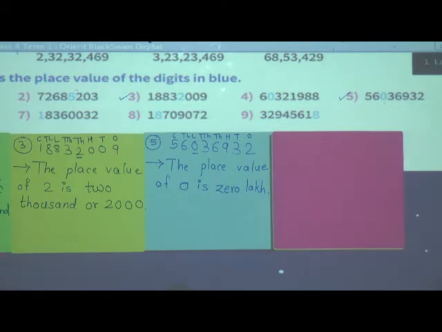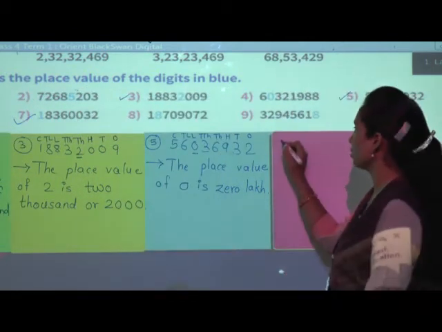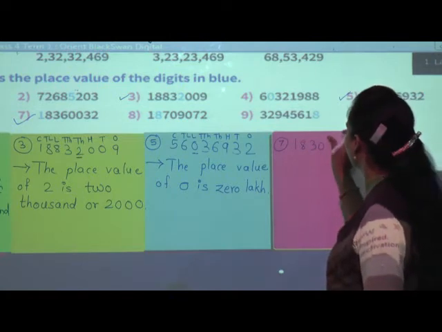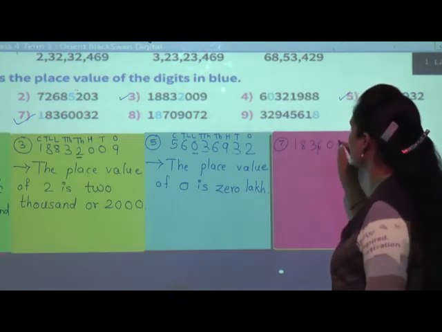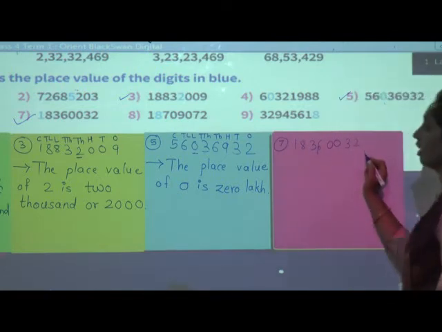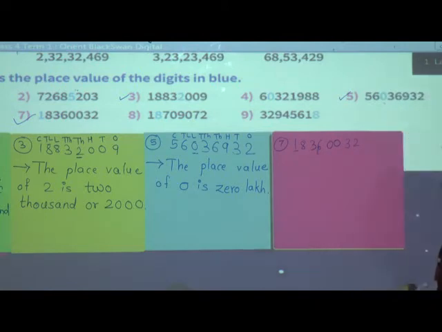I will solve one more for you. Now the seventh one we will solve. What is the seventh question? 1836032. Now we have to underline the 1. Okay.